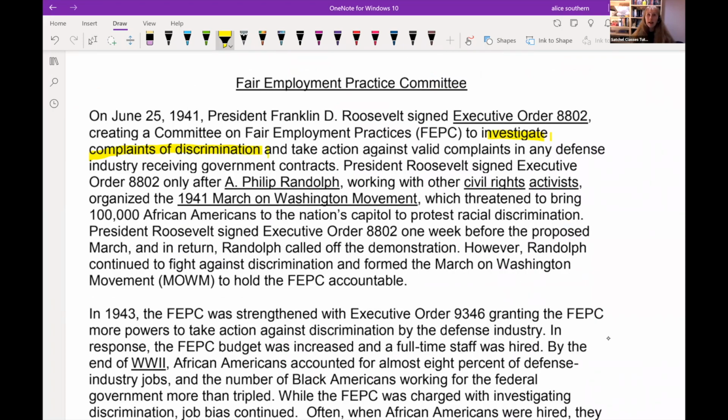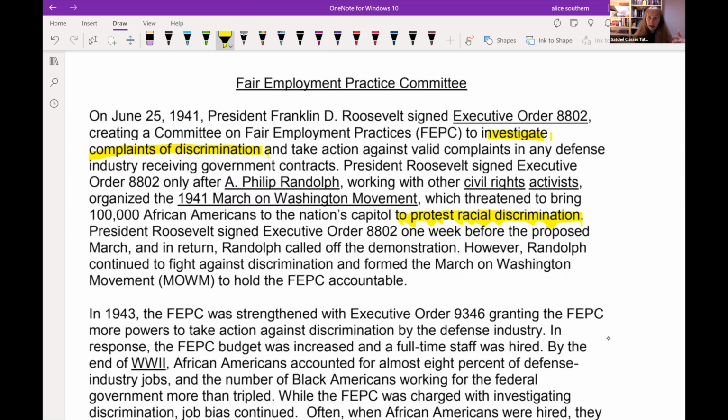Okay, so in employment, you could say, I am not hiring you because you are Black, and they were looking into complaints against this. So Roosevelt signed an executive order, and this threatened to bring 100,000 African Americans to the nation's capital to protest racial discrimination. All right. And this is in the 1940s.